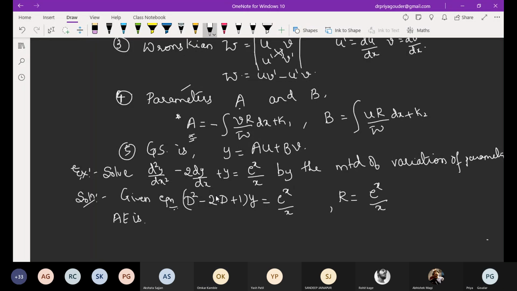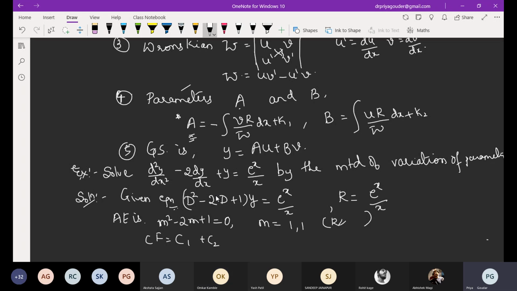Auxiliary equation: m square minus 2m plus 1 equal to 0. Tell me the roots. 1 and 1.